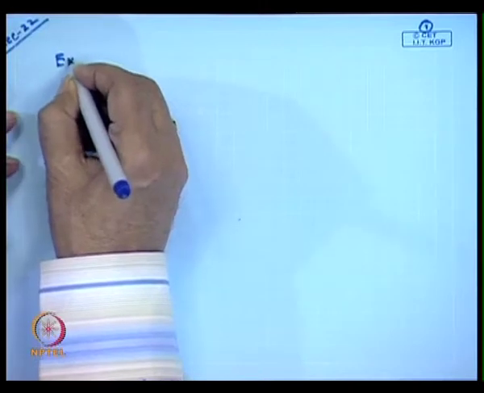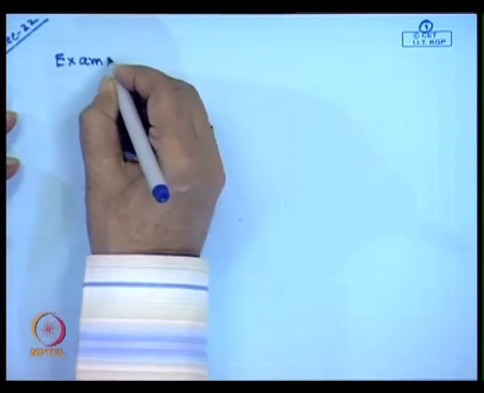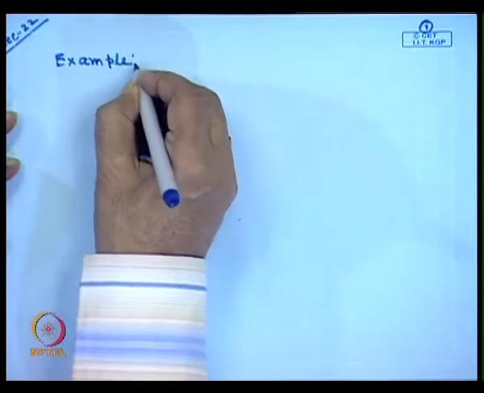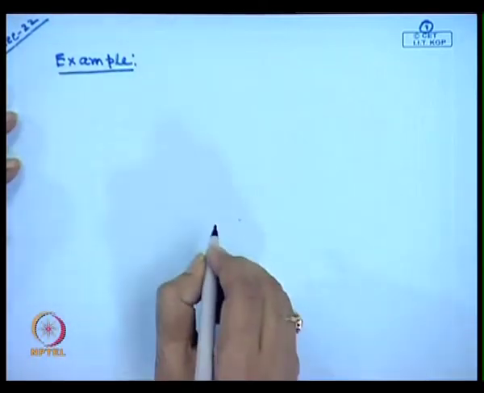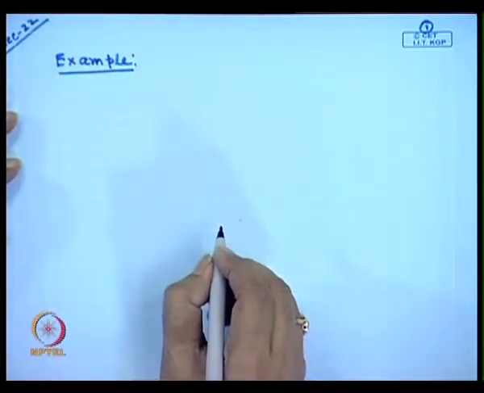Okay. So, today we will discuss the solution of the quadratic programming problem using the simplex method. Let us take one example, and through the example we will explain how to solve the quadratic programming problem using the simplex method.